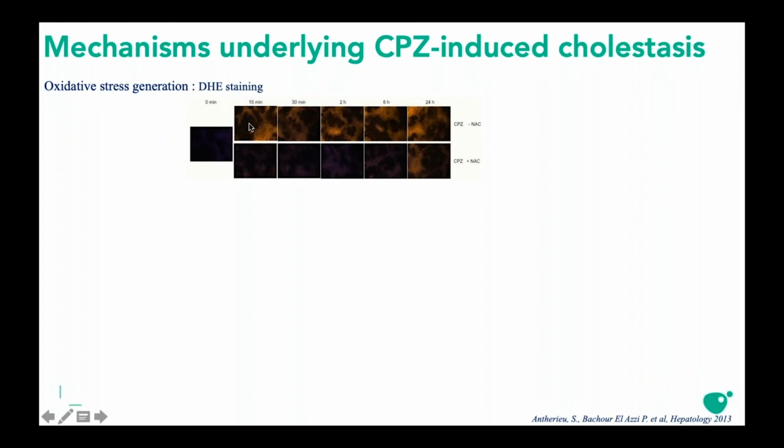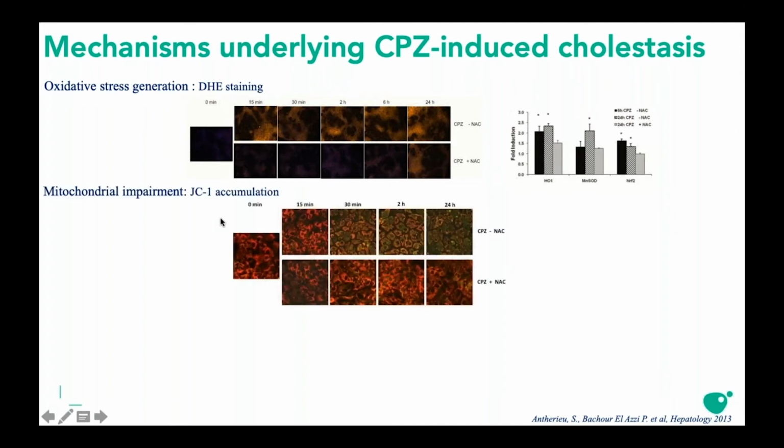Generation of oxidative stress was detected in hepatocytes as early as 15 minutes after chlorpromazine treatment, as shown by DHE staining, and was totally prevented up to 6 hours by the antioxidant NAC co-exposure. Moreover, expression of 3 oxidative stress-related genes was induced in chlorpromazine-treated HepaRG cells.